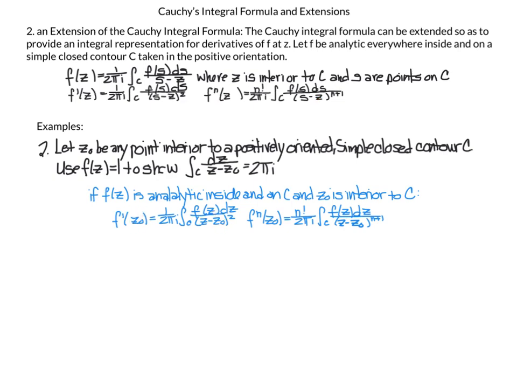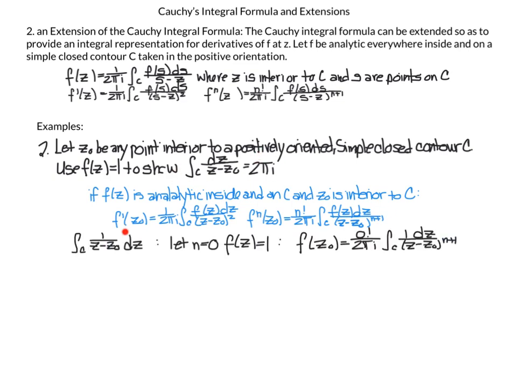And you really can use either formula, but this is probably more convenient. And since I did the last example using this formula, I figured I'd do this example using this more convenient form.